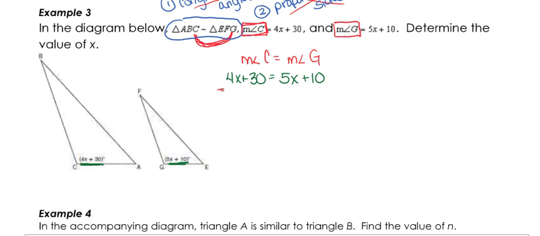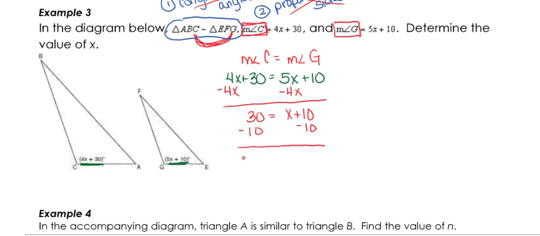I'm going to solve this by first of all subtracting 4x from both sides. And then lastly, subtracting 10 from both sides, which leaves me with a value of x that's 20. And since the question asked me to determine the value of x, and I've done just that, I'm done.